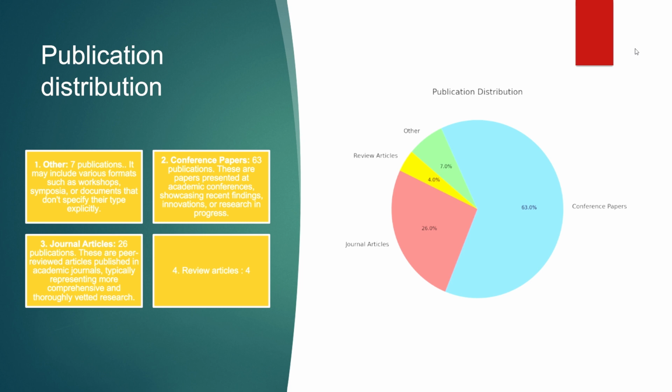So based on the papers which I have collected, these are all the divisions which can be made: 63% were conference papers, 26% were journal articles, 4% were review articles, and 7% were others.